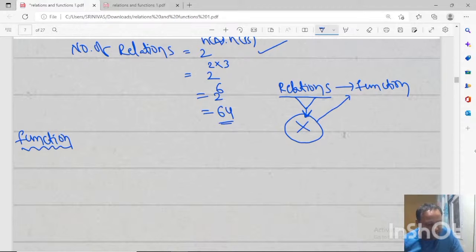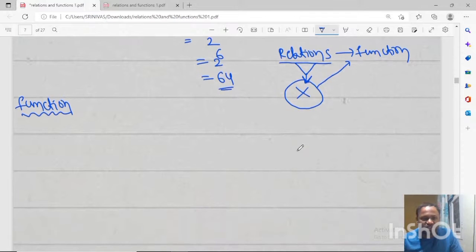So see the definition. What do you mean by function? To form a function, we need a relation.